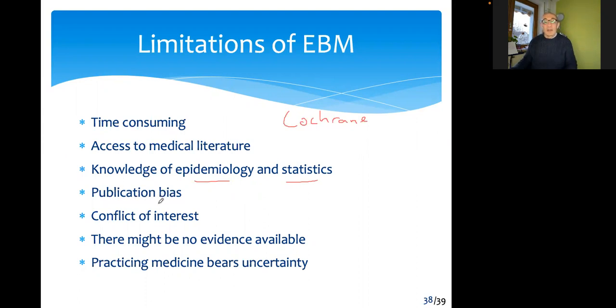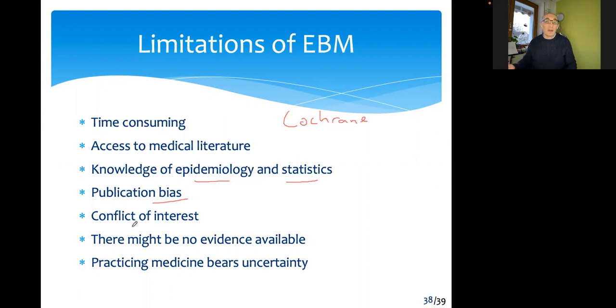Of course, there is publication bias. Not all medical literature is 100% reliable. Among the resources we read, there will be some which will be proven wrong later. Unfortunately, there are sometimes research papers that have a conflict of interest.